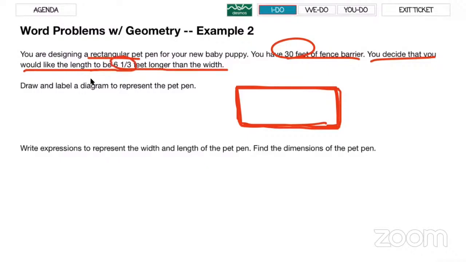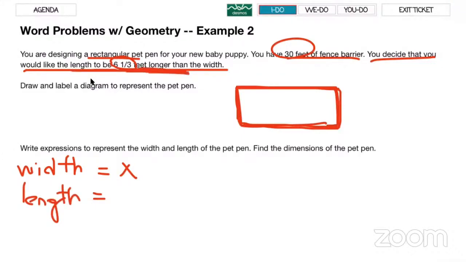So we can now label this. The width again is unknown, so let's say that it becomes X, and the length would be, because in the problem it says the length is 6 1/3 longer than, and longer than means addition.